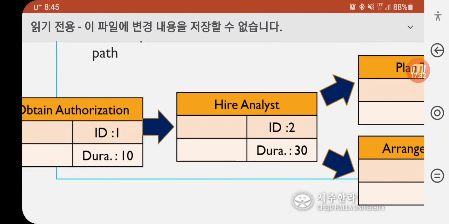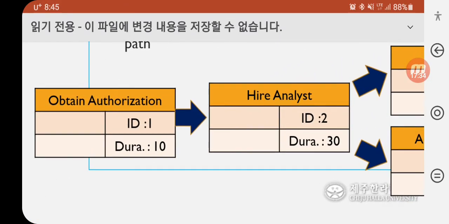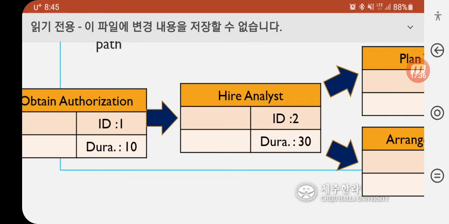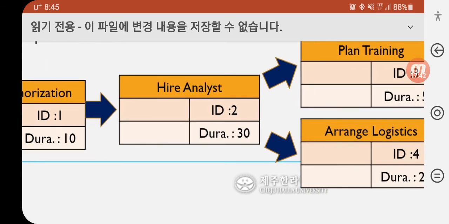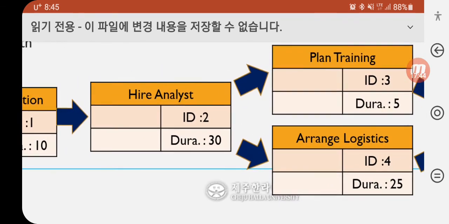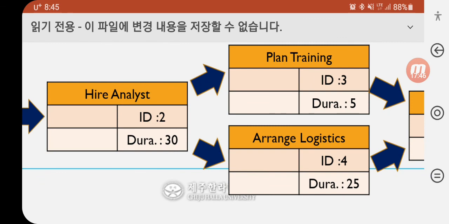The first task is obtain authorization. This task ID is number 1, duration 10 days. The next task is hire analyst. Task ID is number 2, task duration 30 days.